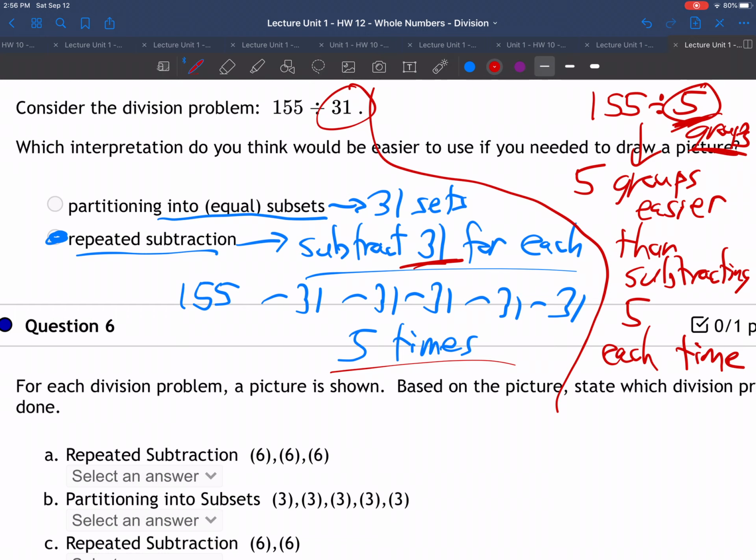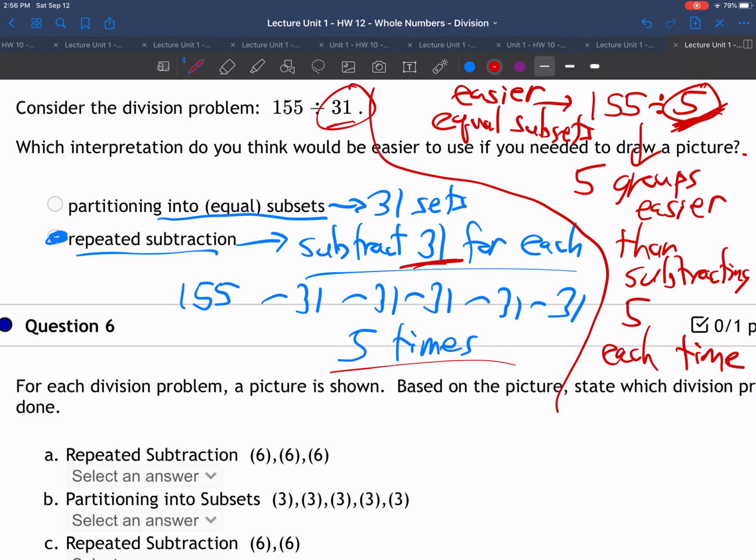So this one would be easier with the groups. The subsets, you know what I mean by, I'm calling them groups, but equal subsets. This would be easier, right? To have 5 sets, 5 groups, 5 sets.